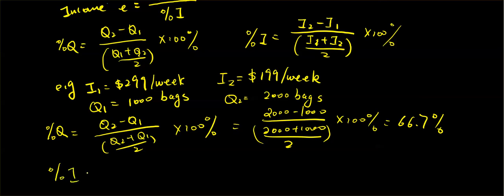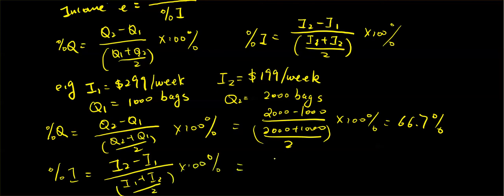How about the income change? So your income change is your final income minus the initial income divided by the average income, divided by 2, times 100%, and plug in the data.